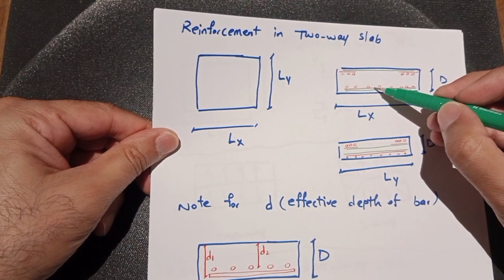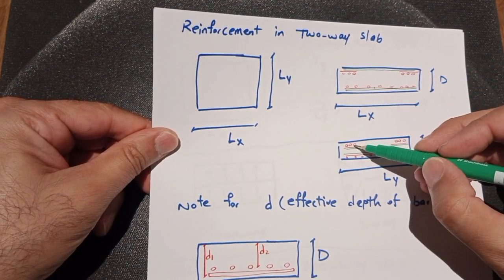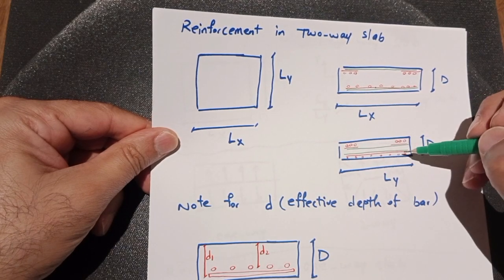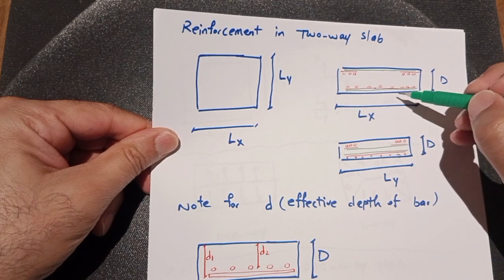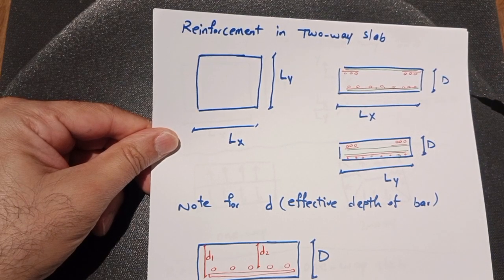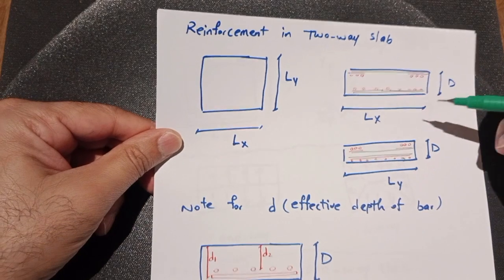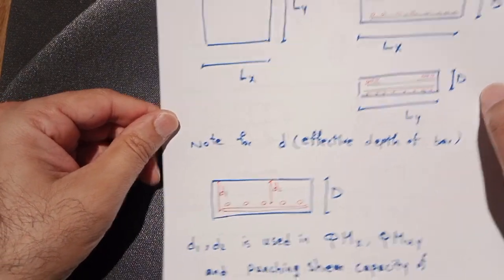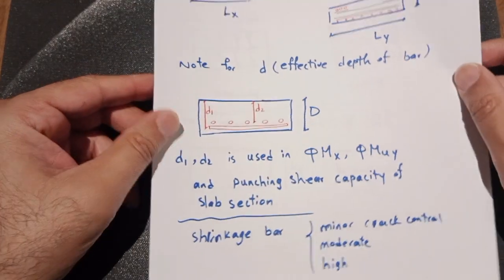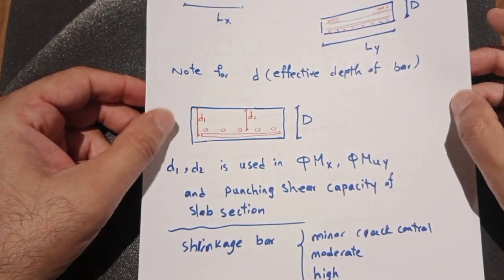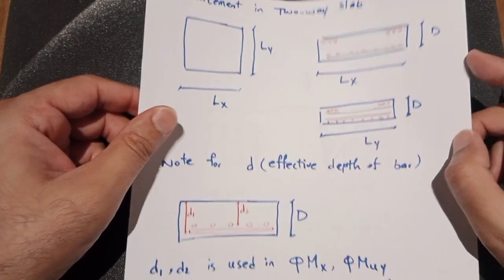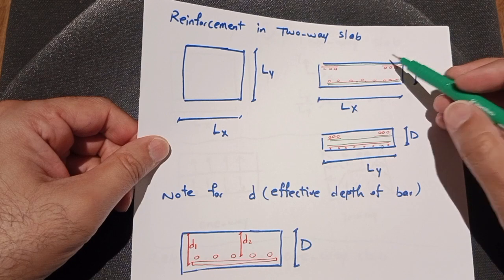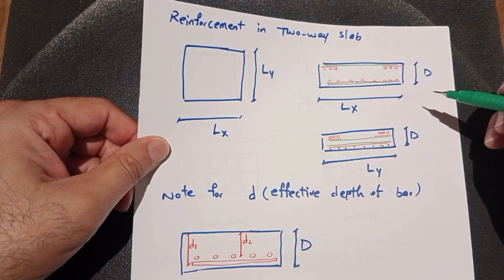The long reinforcement here is shown outward, and these are equal to this red long direction. And again, for shrinkage control, depending on whether we have minor, moderate, or high crack control, we will have reinforcement in both directions at top and bottom.